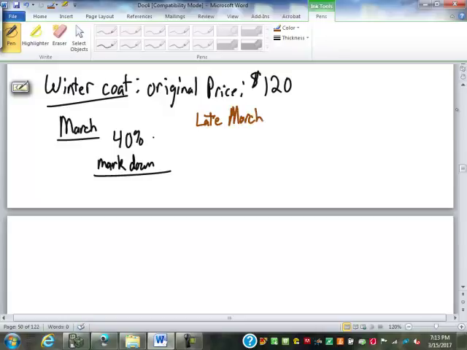Late March, so a few weeks later, huge snowstorm, massive cold spell, hanging on for several weeks. A lot of people need winter coats that thought they were going to make it through. Law of supply and demand says demand goes up, price goes up. So a 45% markup.